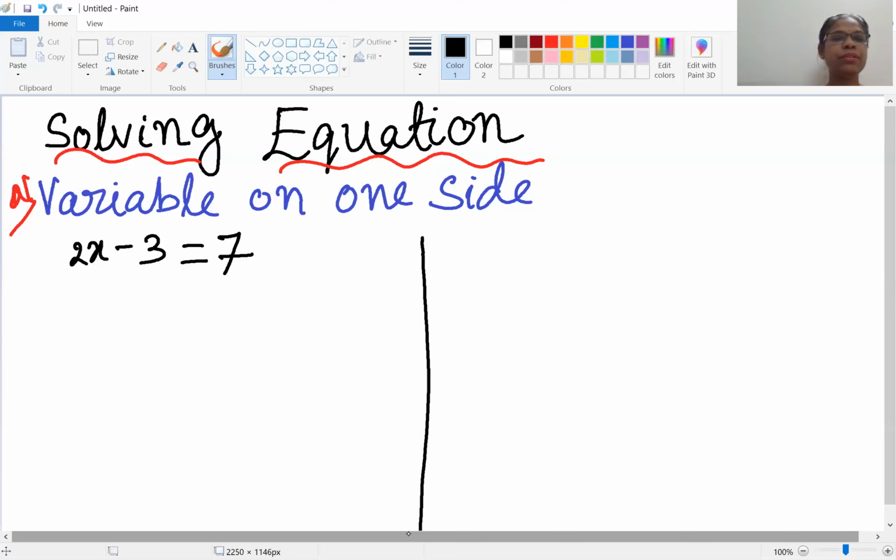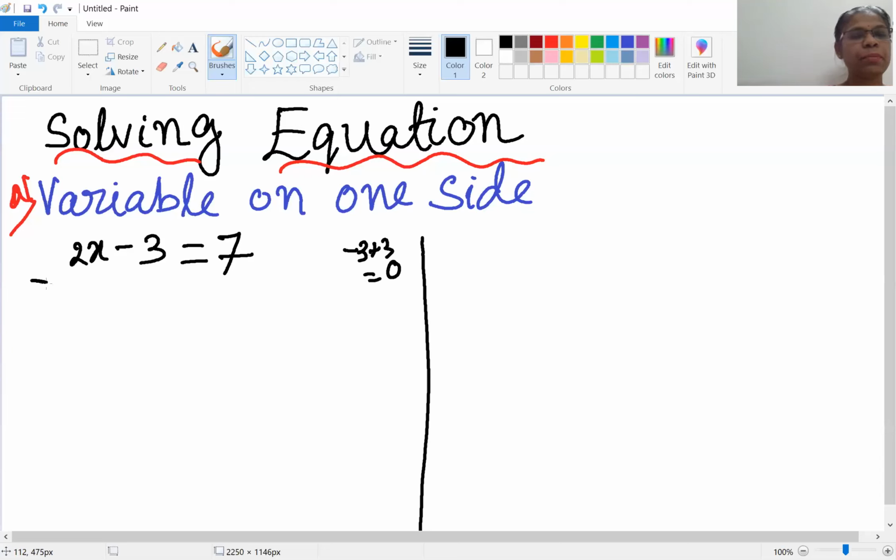Here I have two things with x: first, subtraction of 3, and multiplication by 2. I have to remove one fixed thing at a time so that I can find out the value of x. So what can I do here? I have minus 3. How do I nullify that? If I add plus 3, I can remove this 3.